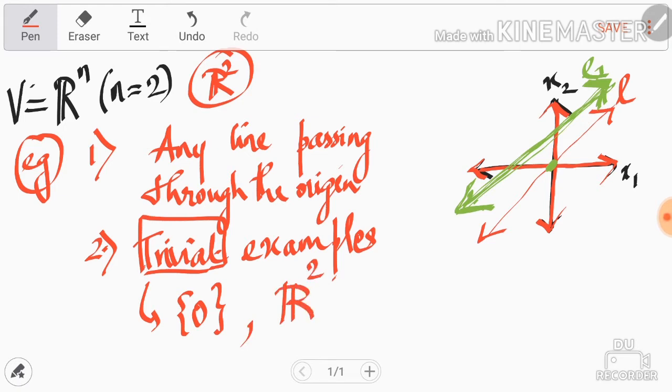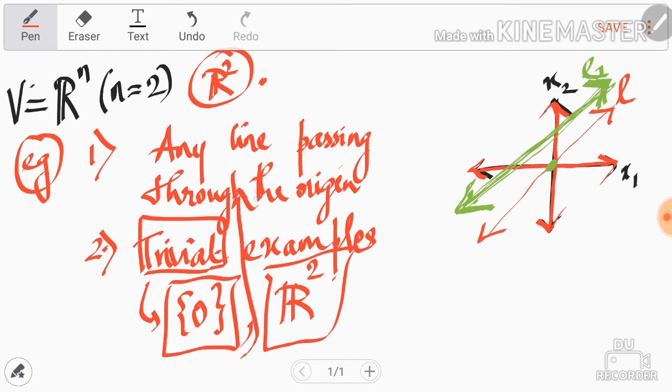So there are only three types of vector subspaces for R2: the zero space, the entire space, and something that stands between them, the line. Any line passing through the origin. So even though there are three types, we have infinitely many examples of vector subspaces of R2.